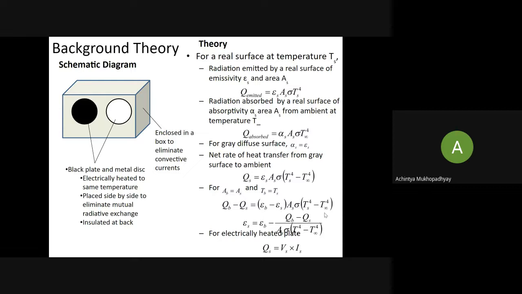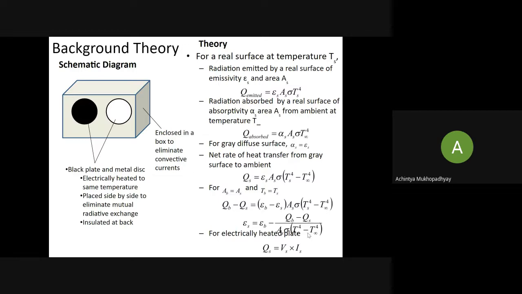Okay, so if we now subtract them, there is a typing mistake here. When we subtract, QB minus QS will be equal to, on the right hand side, this should be TB to the power 4 minus TS to the power 4.